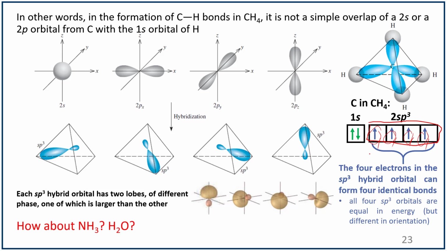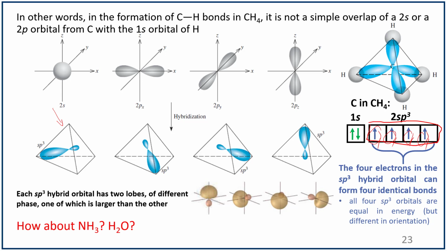So this is what an sp3 hybrid orbital looks like. An sp3 hybrid orbital is composed of 4 orbitals. 1 plus 3 is equal to 4. The sp3 orbital has 4 different orientations as shown in this cartoon, but the sp3 comes from the fact that it is formed from 1 s orbital and 3 p orbitals.